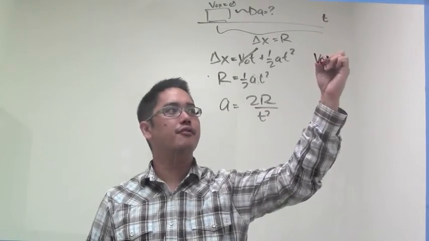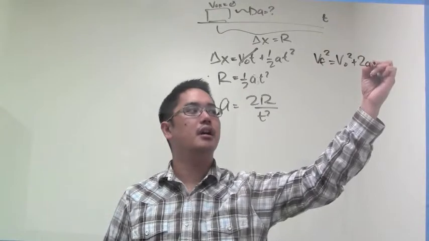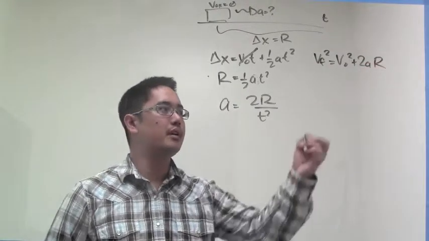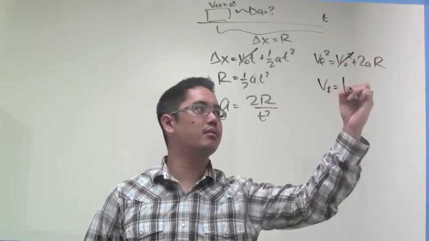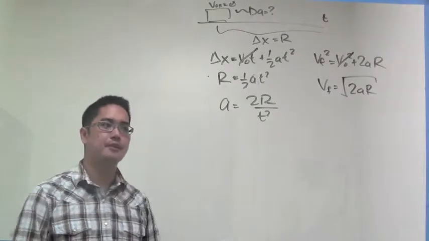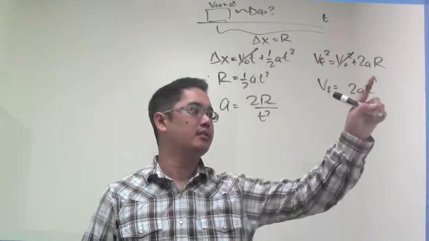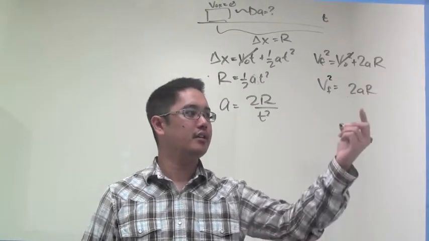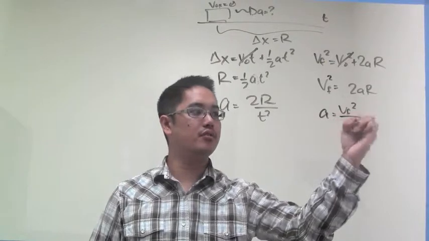You can just say v final squared is equal to v initial squared plus 2ar. Your v initial is 0, so v final squared is equal to 2ar. I made a mistake. We were actually solving for a, so a is equal to v final squared over 2r.